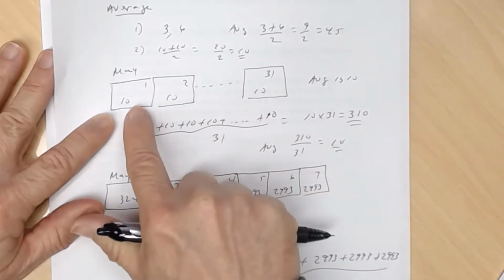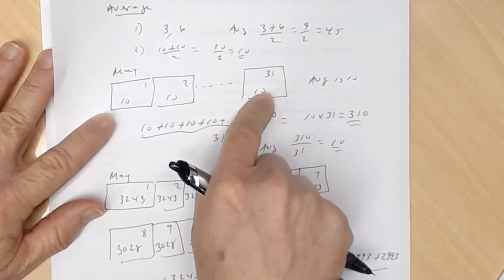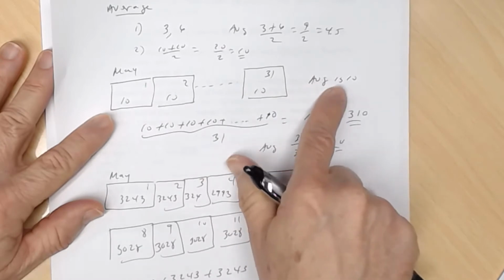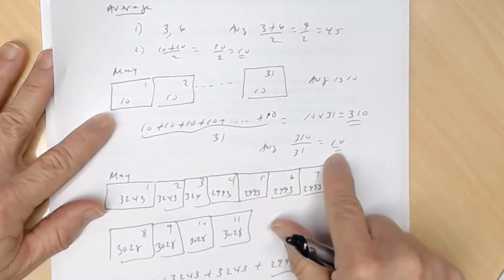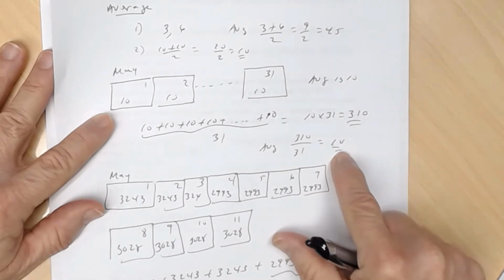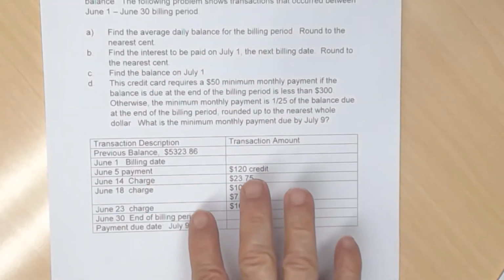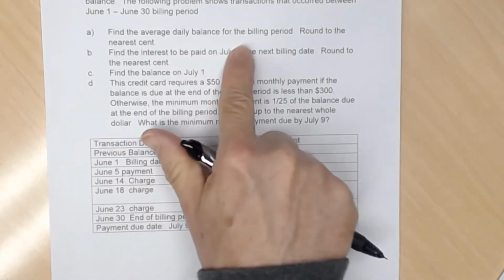If there are 31 days in May, you multiply 31 by 10, that gives you 310, divide by 31, and your average is 10. That's the idea that you're going to use here again. It's very important you know how to find the average daily balance.